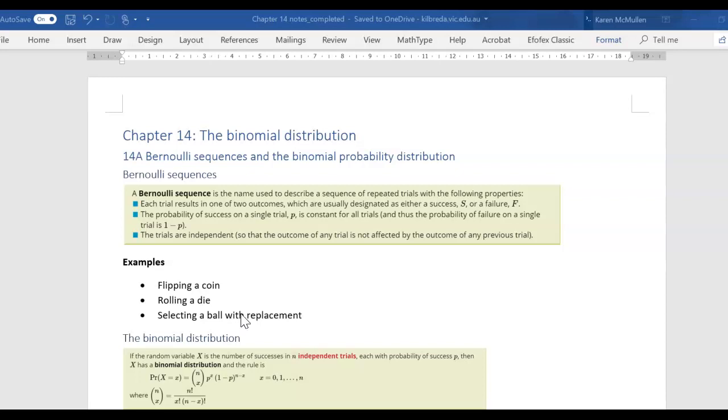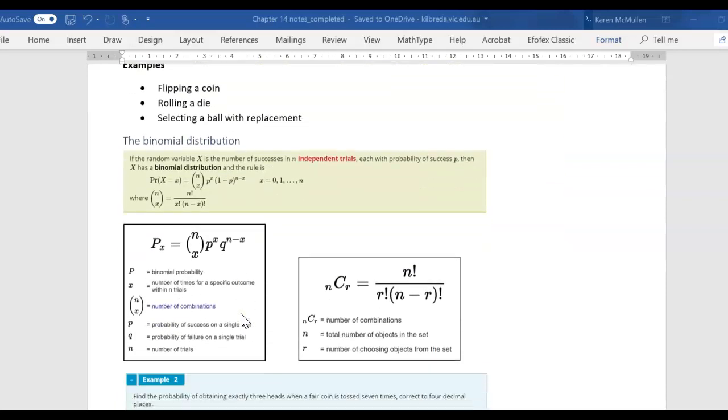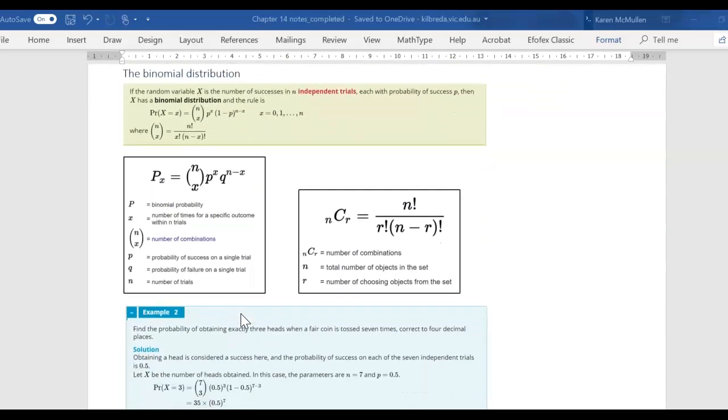So let's focus on the binomial distribution, because that's pretty much what this chapter is about. The binomial distribution looks very complicated, and sometimes maths looks more complicated than it needs to be. As long as you can identify these values, so let me just get my highlighter up.